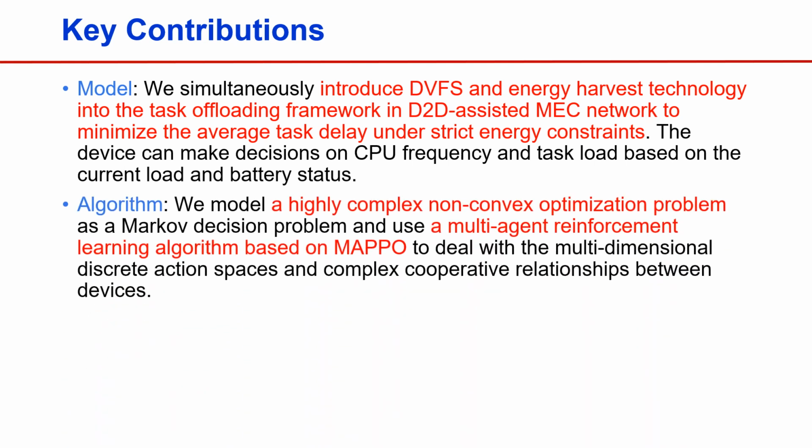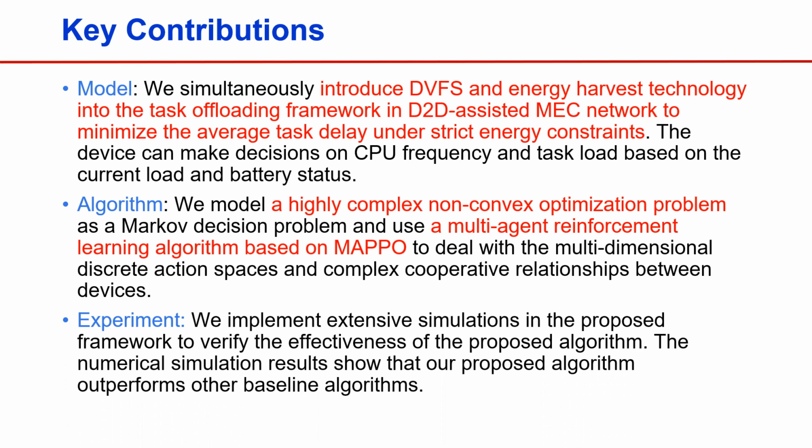For the algorithm, we use a multi-agent reinforcement learning algorithm based on multi-agent proximal policy optimization to deal with the multi-dimensional discrete action space and complex cooperation relationships between devices. And we have proved the effectiveness and superiority of our algorithm through sufficient experiments.